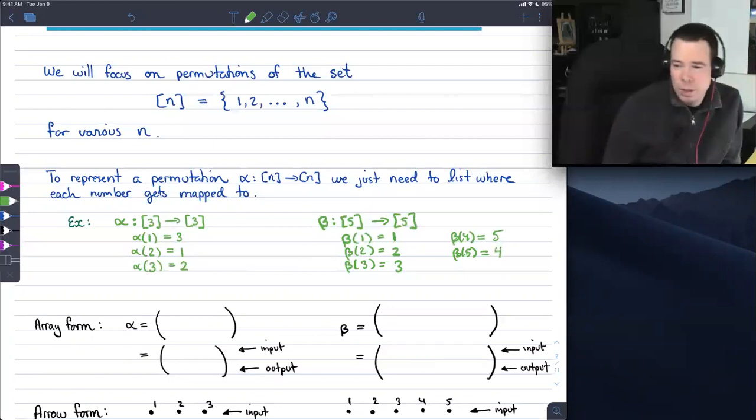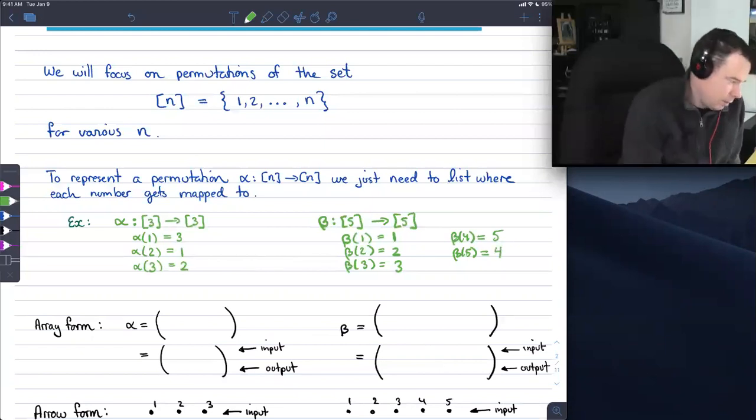Now that's one way we can describe a permutation, just by explicit listing of all the values, their inputs and their outputs. Turns out that there's still a lot of writing that goes on there, and in some sense there's extra writing. I can be a little bit more condensed in how I write these things. So the way I could do this is I could write it in what we call array form.